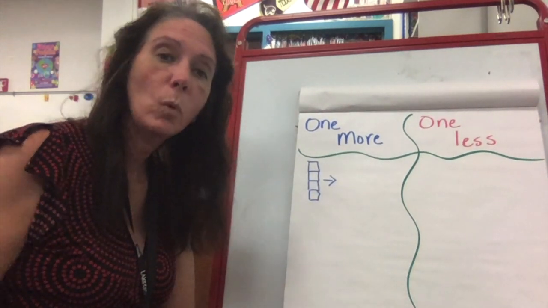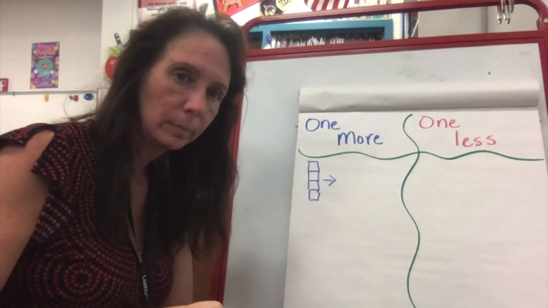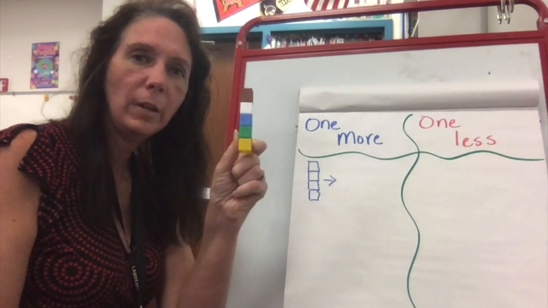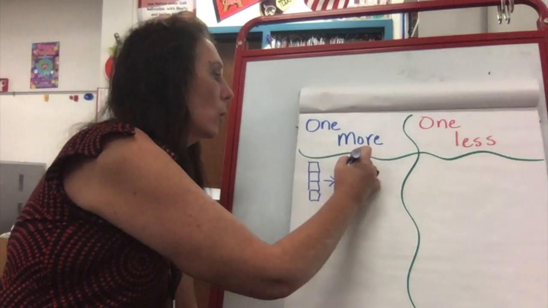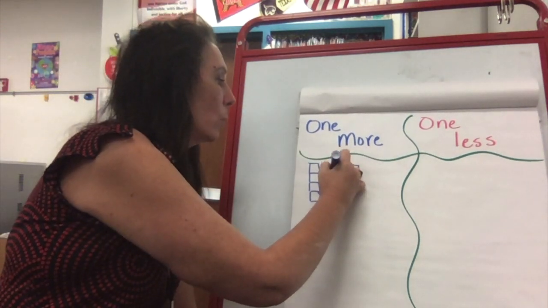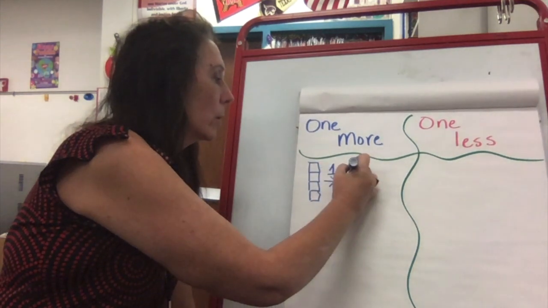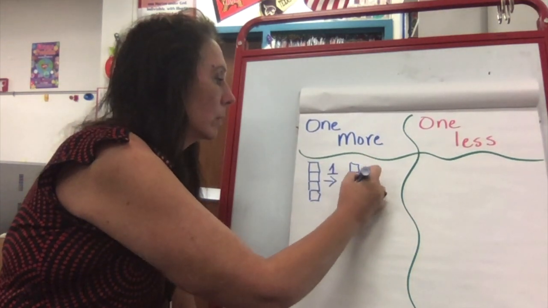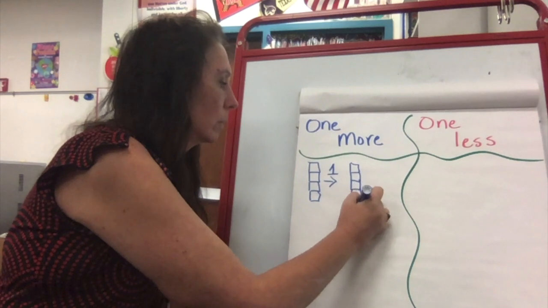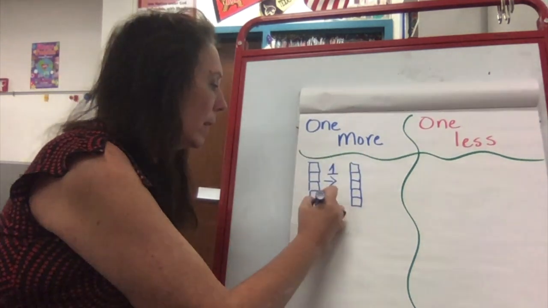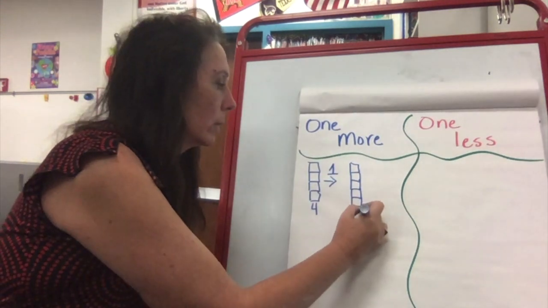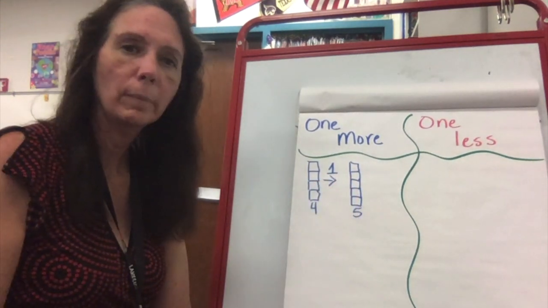Well, if I was to get 1 more, I'd put that there, and now I'd have 1, 2, 3, 4, 5. So I can say that 5 is 1 more than 4.